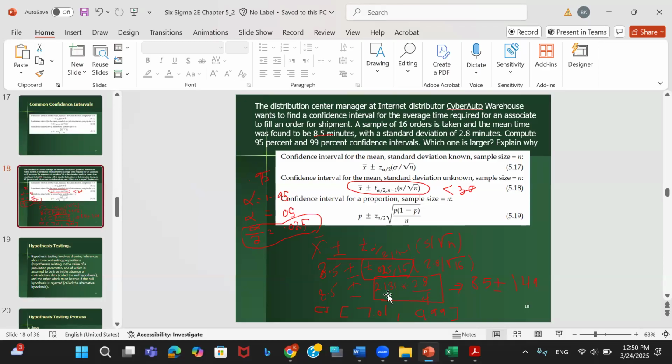See, 2.131, which is T, times what is given, s, divided by the square root of 16. So I have 8.5 plus minus this value. So the confidence interval ended up with 7.01 and 9.99. Okay, this is the confidence interval I have. Okay, concentrate on this.